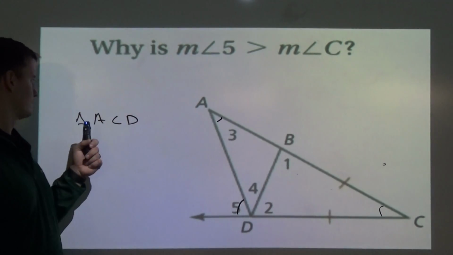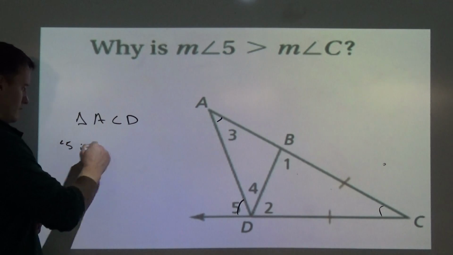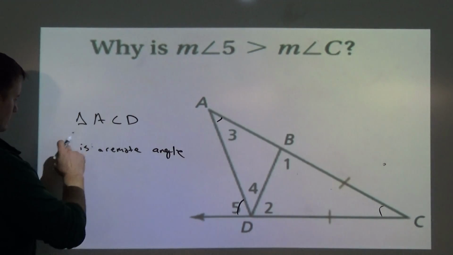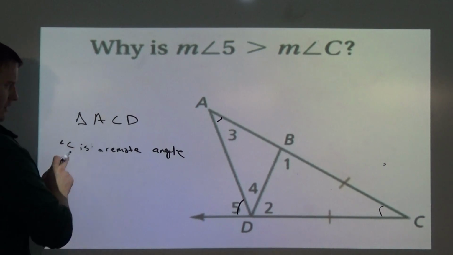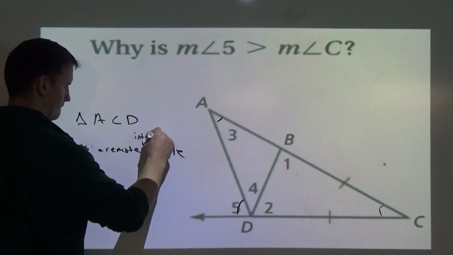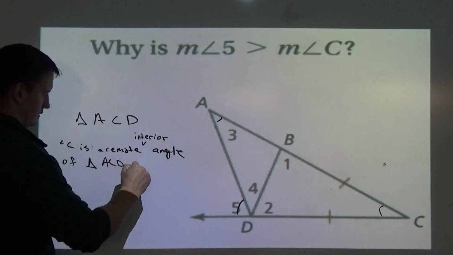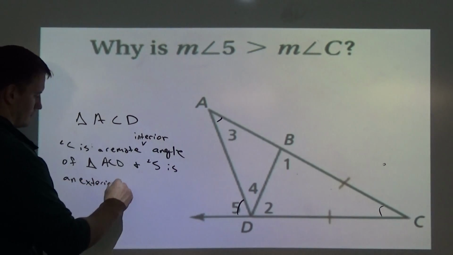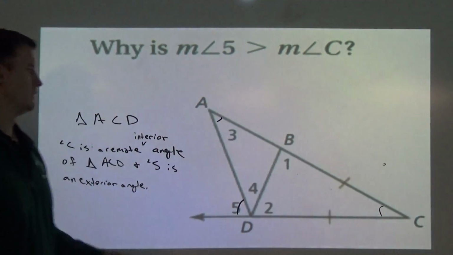So since angle C is a remote interior angle of triangle ACD, and angle 5 is an exterior angle, angle 3 plus angle C is equal to angle 5.